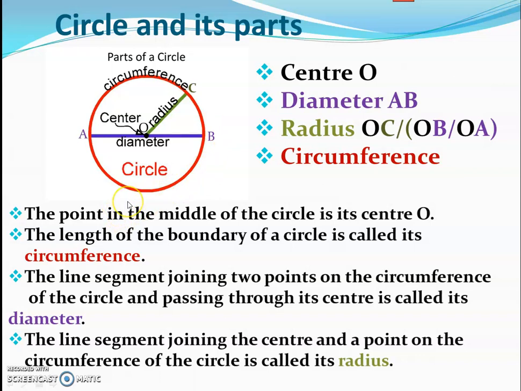So if you take a thread and start from one point and make a round along the circle and bring it back, and when it ends at the starting point, just take it out and check the length. That is going to be our circumference if you want to check.